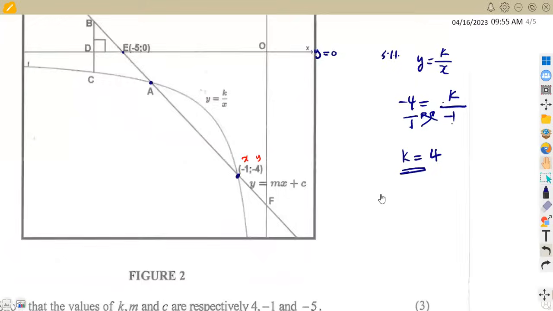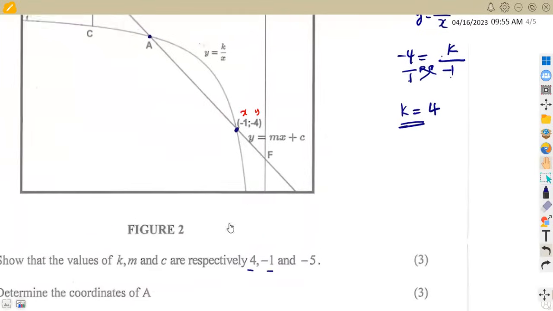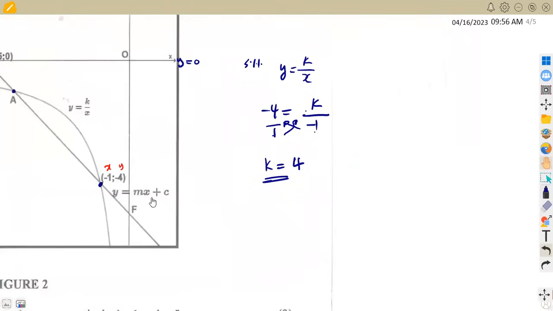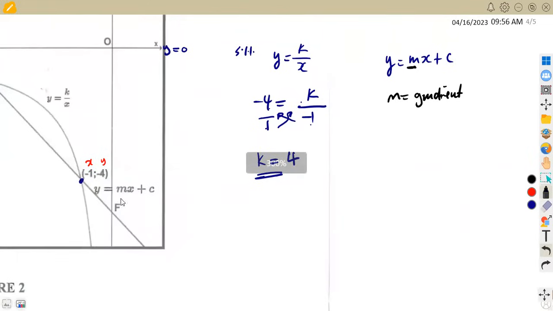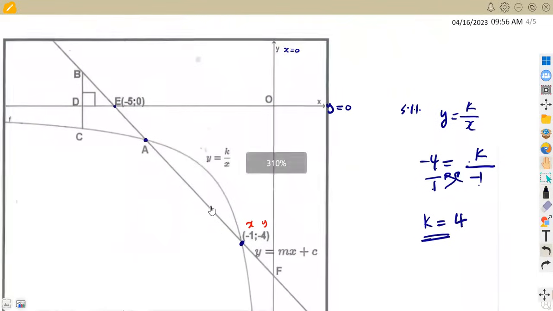All right, we move on to m. Where is m? m is found on the straight line where we are given y is equal to mx plus c. The m here represents the gradient of the straight line. If you understand this, you won't have a challenge. We are going to take this gradient from the points that we are given on the straight line.